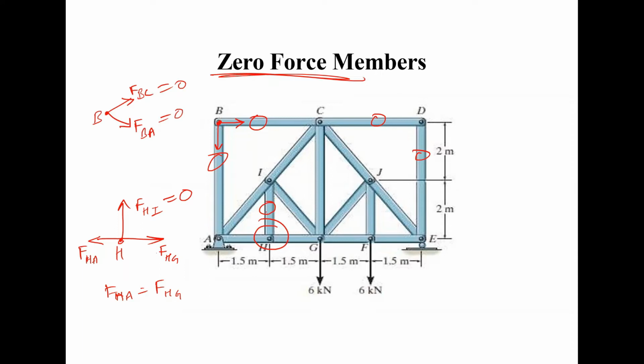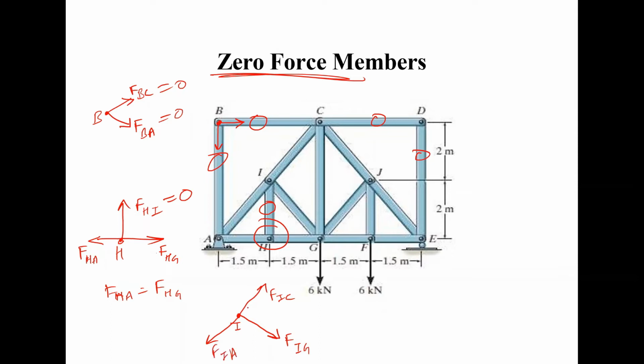Similarly, if you remove this member HI and draw the FBD of joint I, then you will get one force acting along IG, FIG, one force along IC, FIC, and one force along IA, FIA.